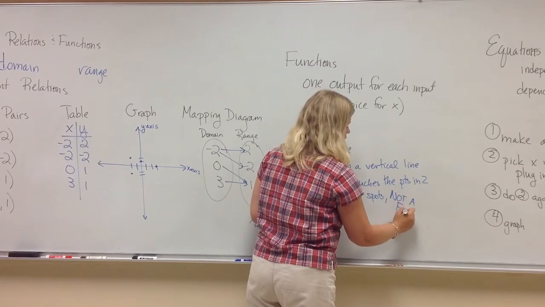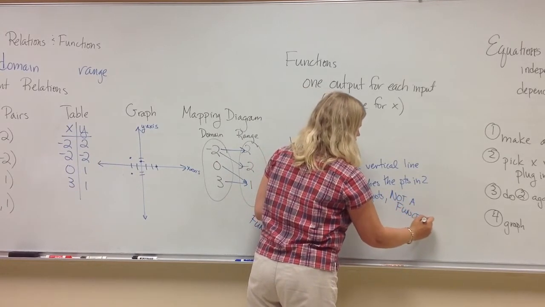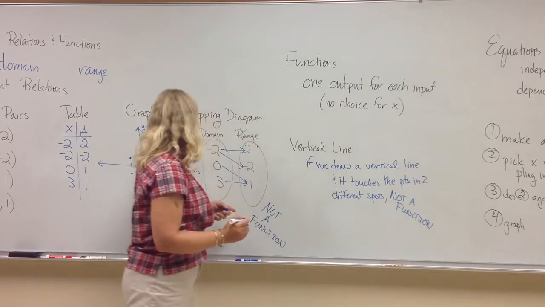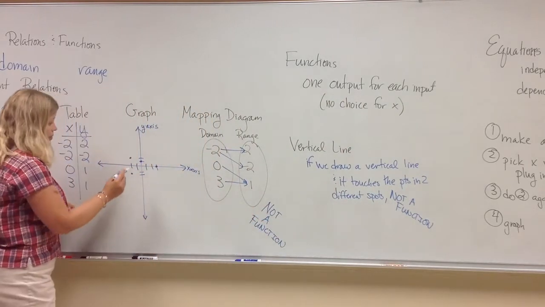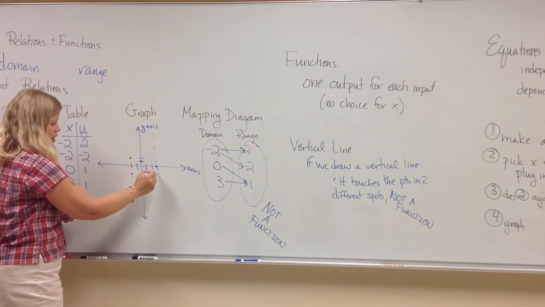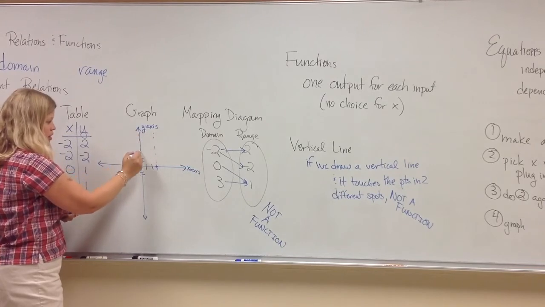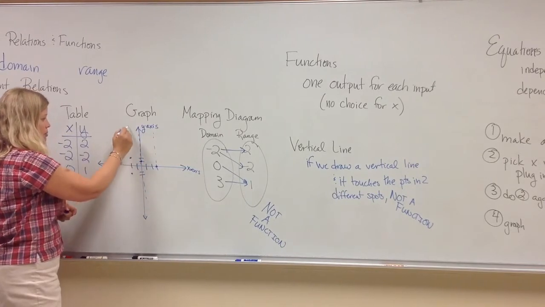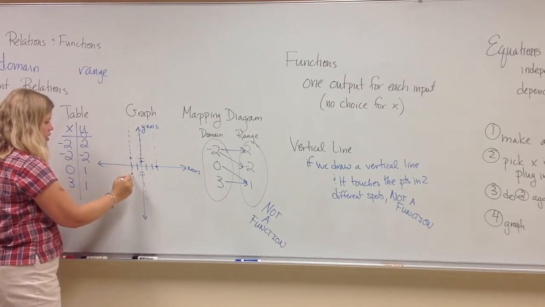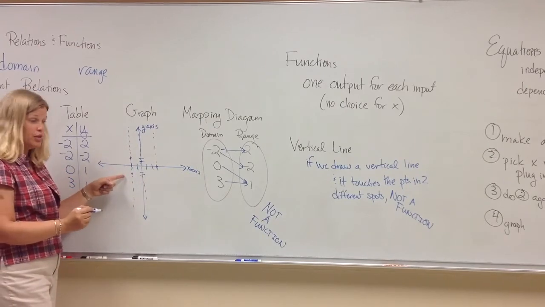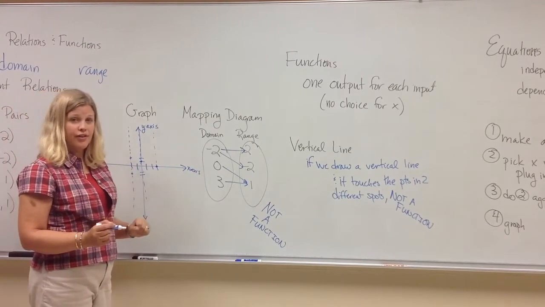It doesn't pass the vertical line test. Over here, if I draw a vertical line here, yep, it's only going through 1. If I draw one here, yep, only 1. But if I draw one right here, oh shoot, it went through 2 different points, so it's not a function.